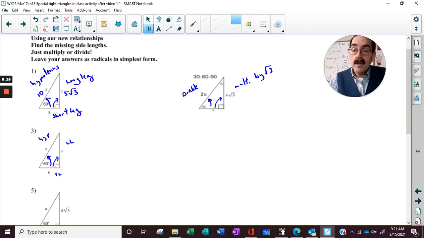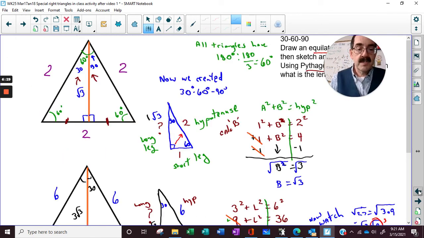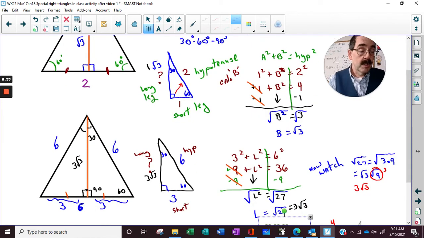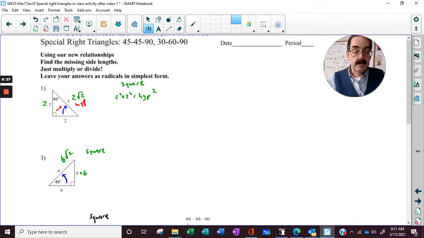Alright, so 6 times radical 3, double. The reason we're memorizing these special right triangles is to speed us up. We don't want to spend all of our time doing all this math every time. And we do a lot of special right triangles the next couple of years in math.